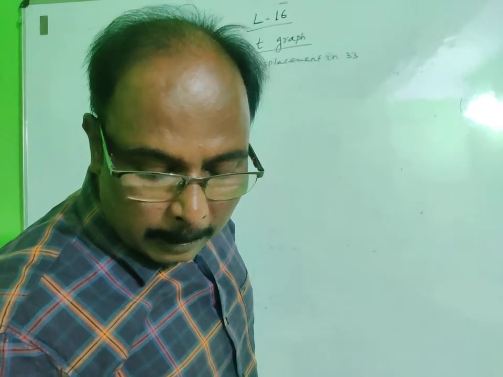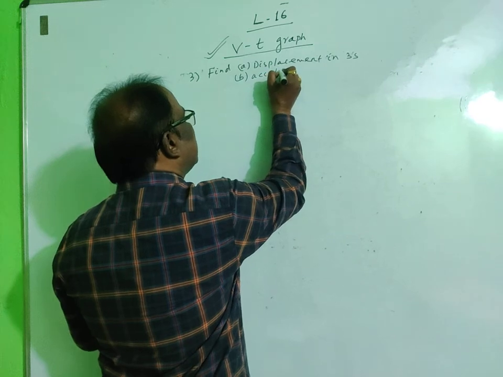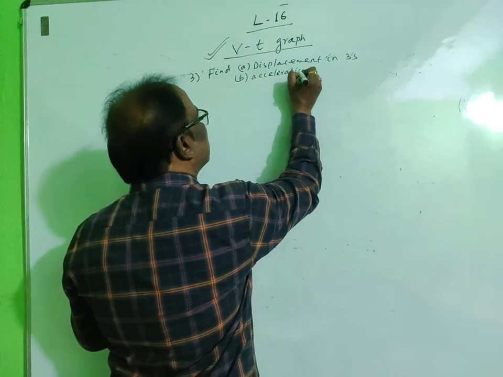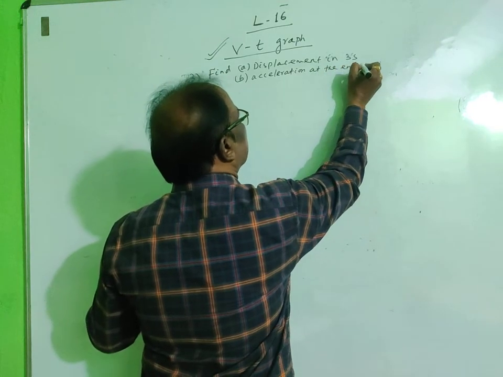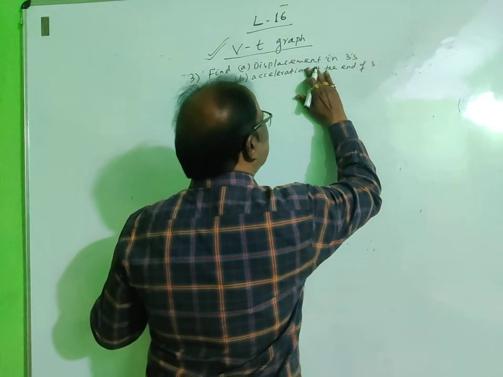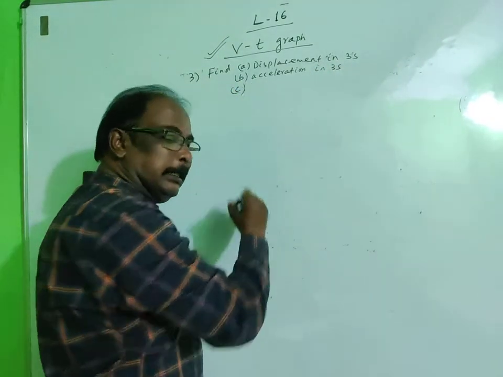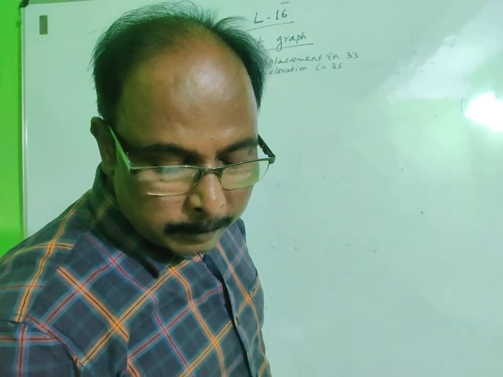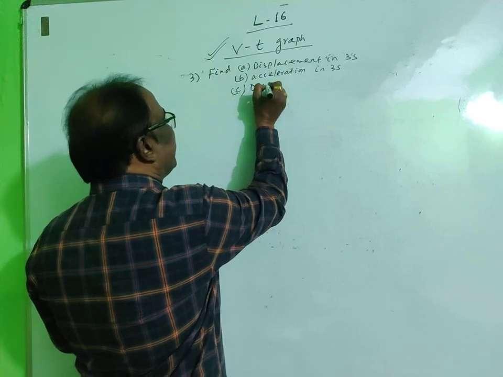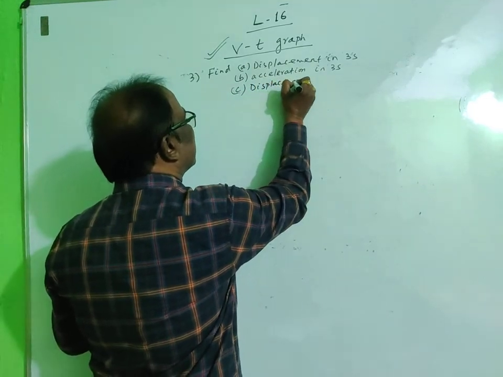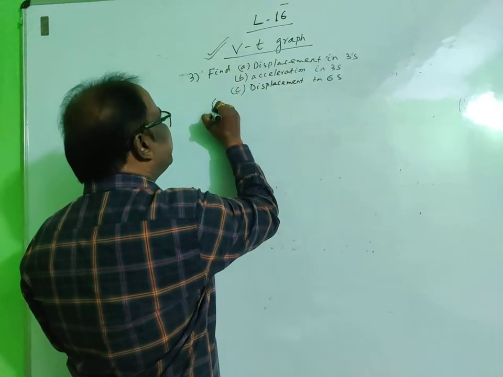Bit B, acceleration at the end of, or in 3 seconds. I am writing in 3 seconds. Then bit C, you are asked displacement in 6 seconds. Okay. Displacement in 6 seconds from the given graph.